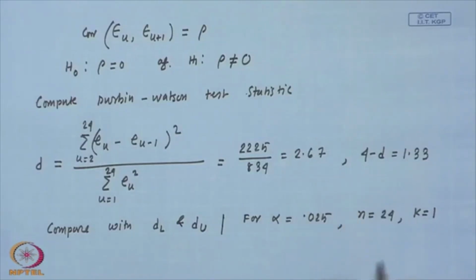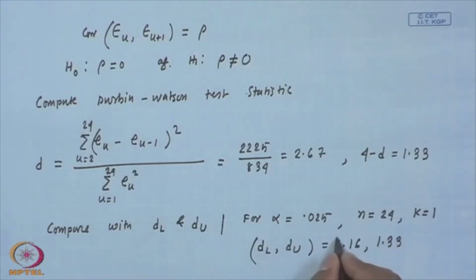There is only one regressor in the model, that is why k is equal to 1. You can check that your dl and du are 1.16 and 1.33. Now, we need to think about the critical values.